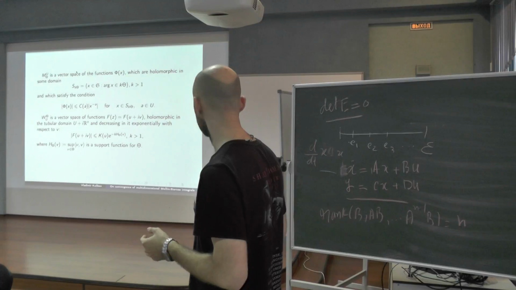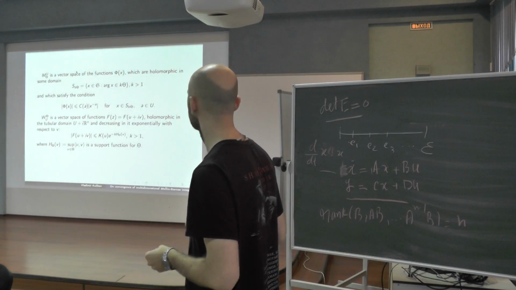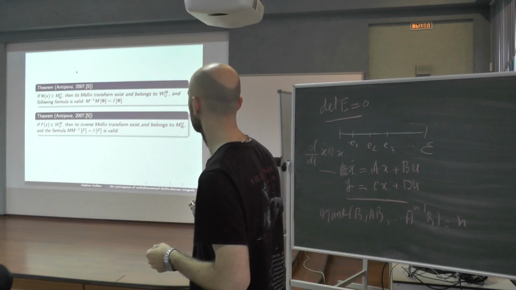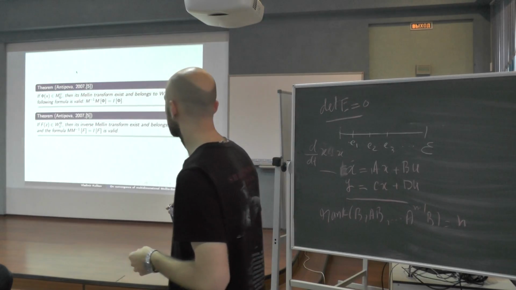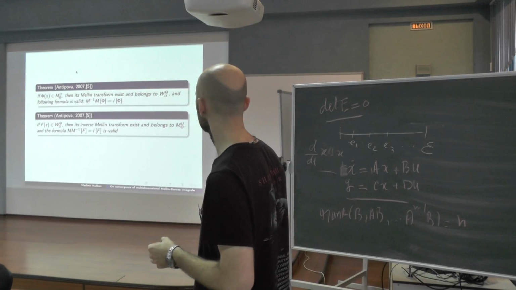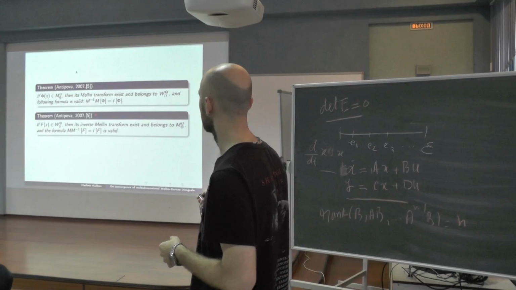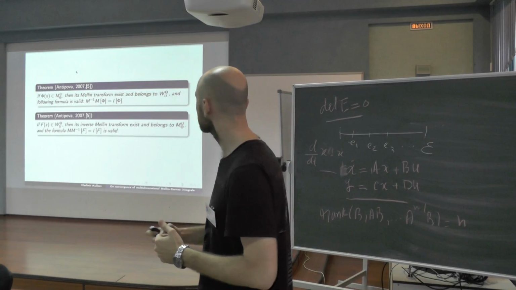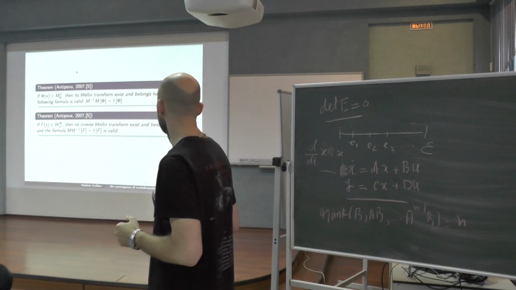After that, we can formulate two theorems of Antipova from 2007. If function phi is from class M, then its Mellin transform exists and belongs to W, and the following formula is valid. If we use the direct and then inverse Mellin transform, we get the same function.